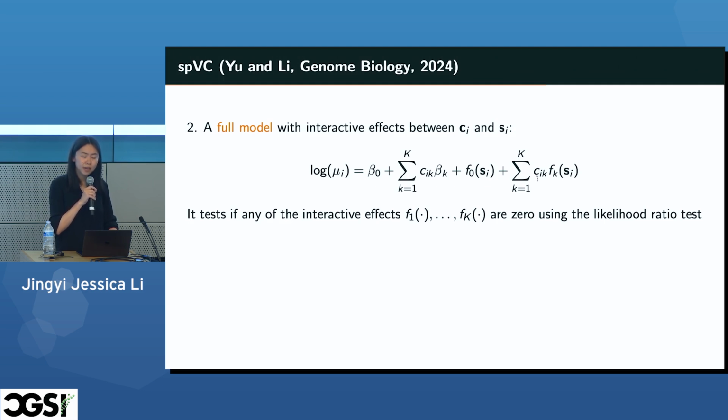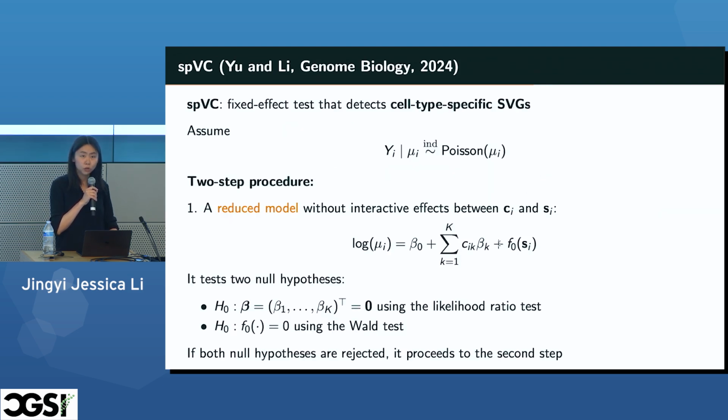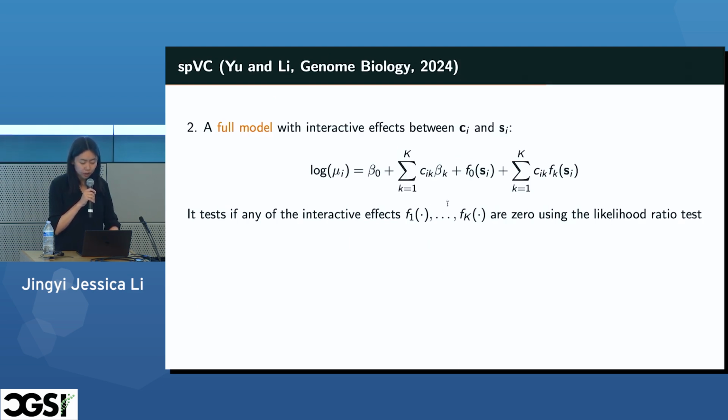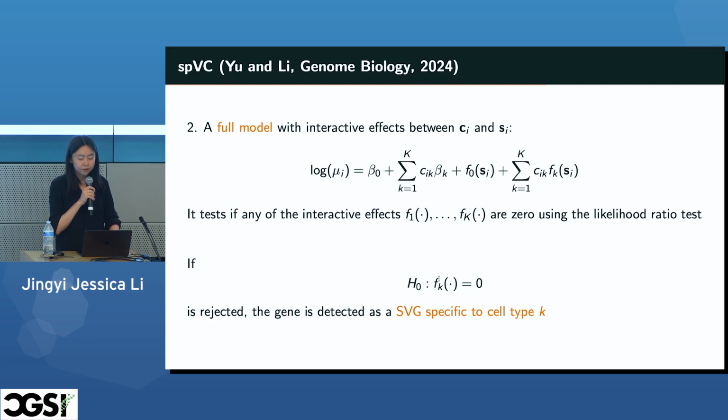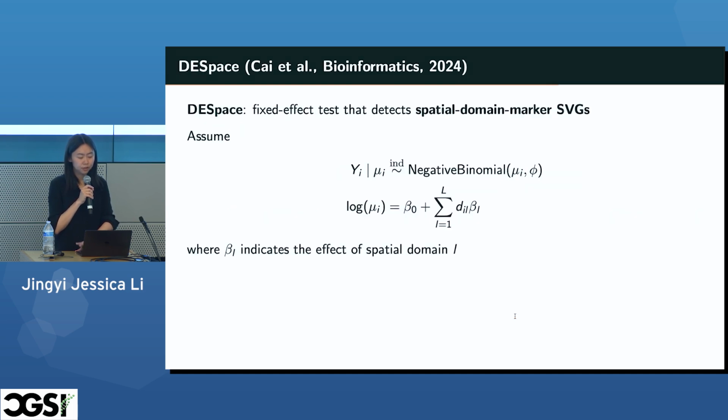In this step, it's basically asking whether this additional term, the cell type specific term, can explain the data better than the reduced model without it. So the second step is to test whether f1 to fK are 0. If one fk is rejected, then the gene is detected as an SVG specific to cell type k. This is the second method, cell type specific fixed effect.